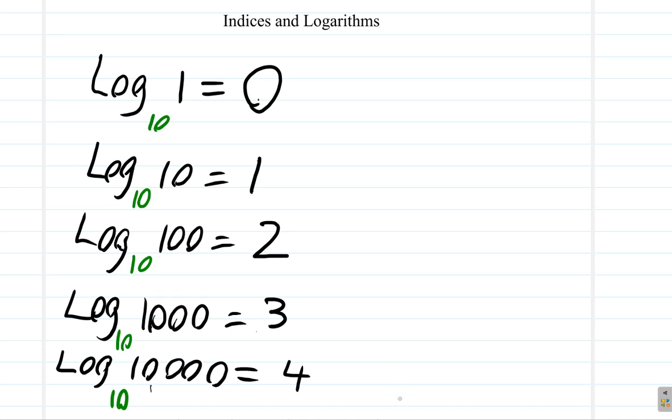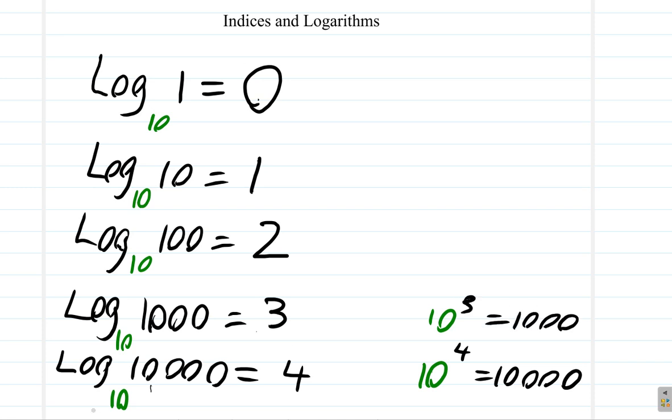Now, we also know that 10 raised to the power of 4 equals 10,000. We know that 10 raised to the power of 3 equals 1000. We know that 10 raised to the power of 2 equals 100.